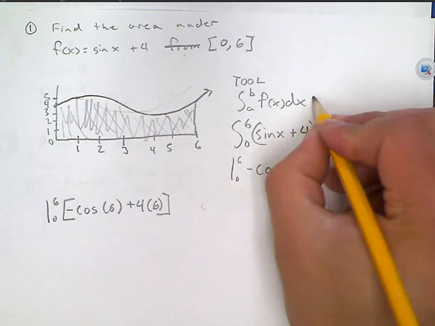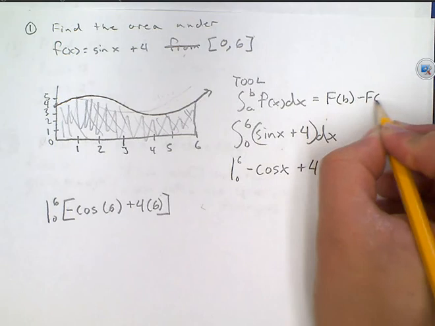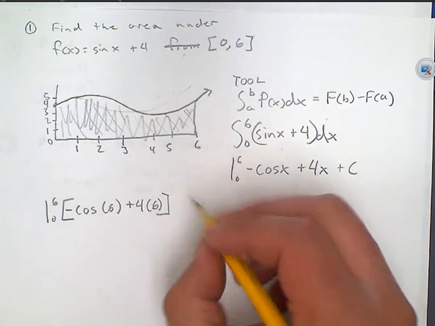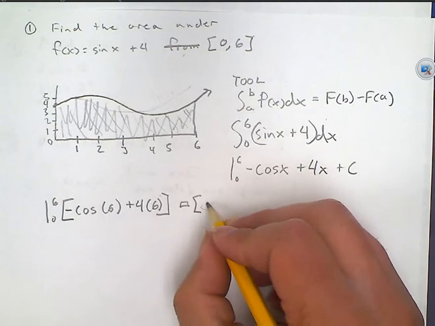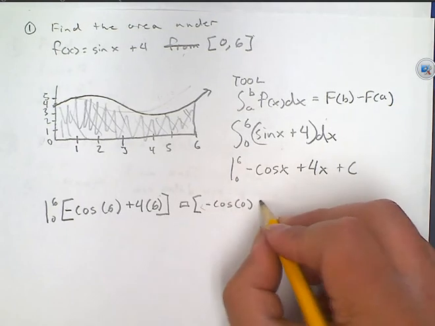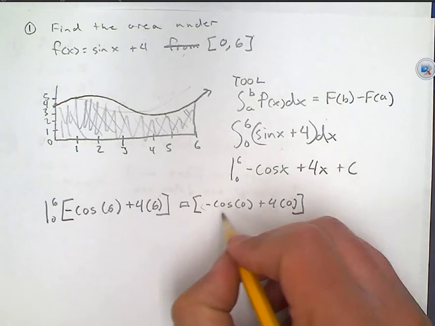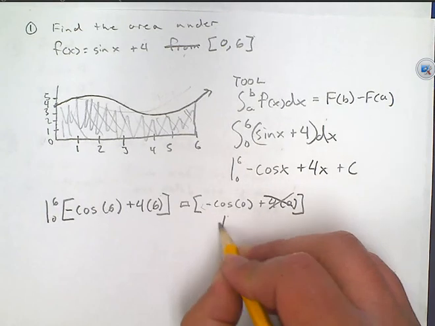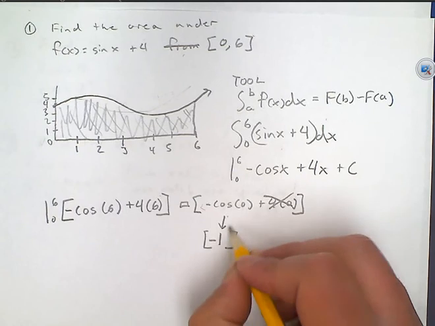Remember, we do f of b minus f of a. Alright, and then minus, and then 0, negative cosine 0, plus 4 times 0. Negative cosine 0 is negative 1. So that's all that's left of that.